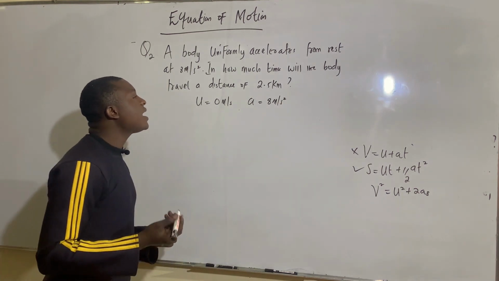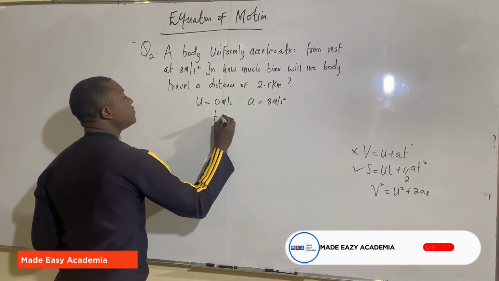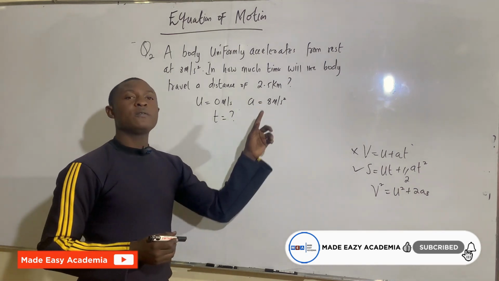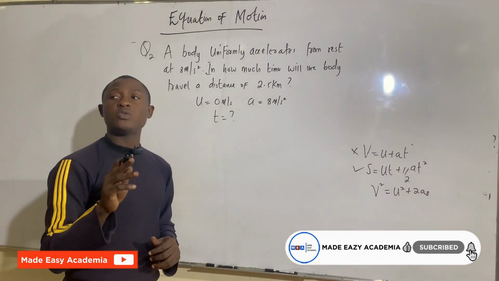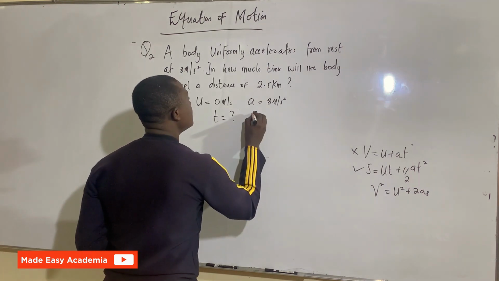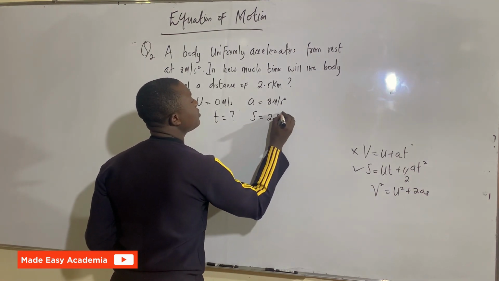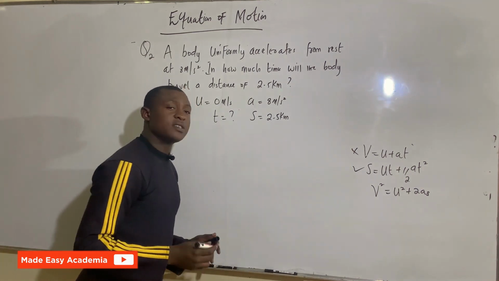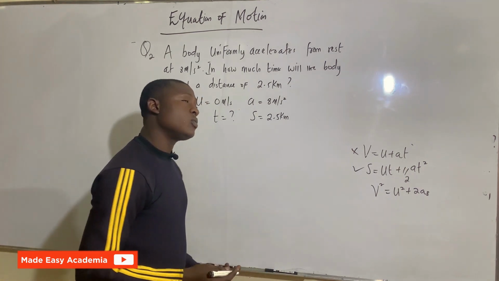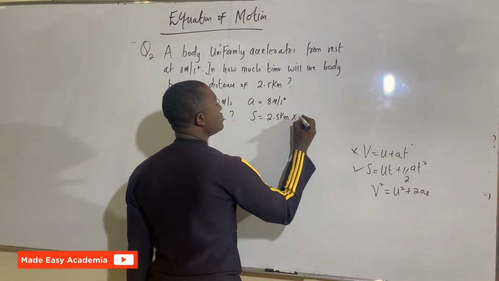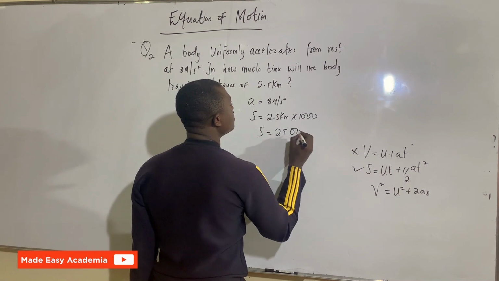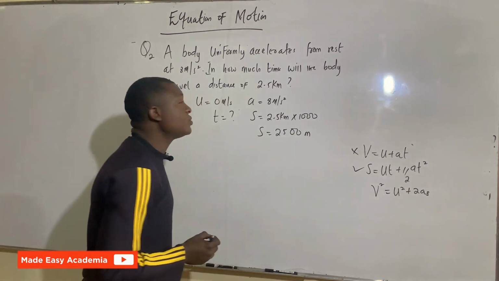They now said, how much time, meaning we are looking for time, will the body travel a distance of 2.5 kilometers? Which one has kilometer? That's distance. Very nice. So 2.5 kilometers. But you can see the value of this one is in kilometers. We can convert it to meters. And I told you 1,000 meters make 1 kilometer. So here I can have this one times 1,000. So we can have 2500. So now convert that one.